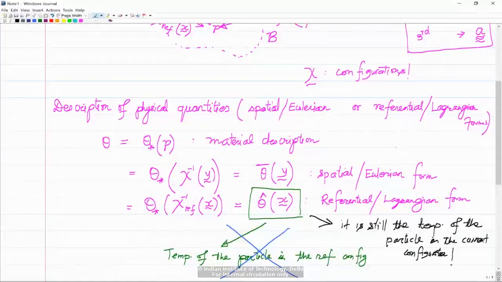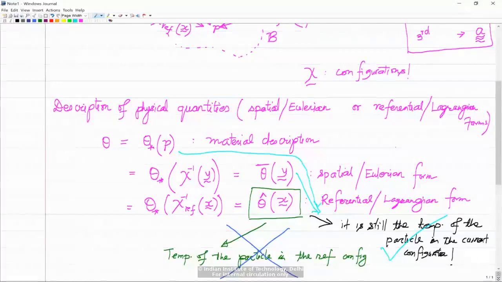So whether it is theta bar or theta hat or theta star, they are all denoting the temperature of the particle in the current configuration.